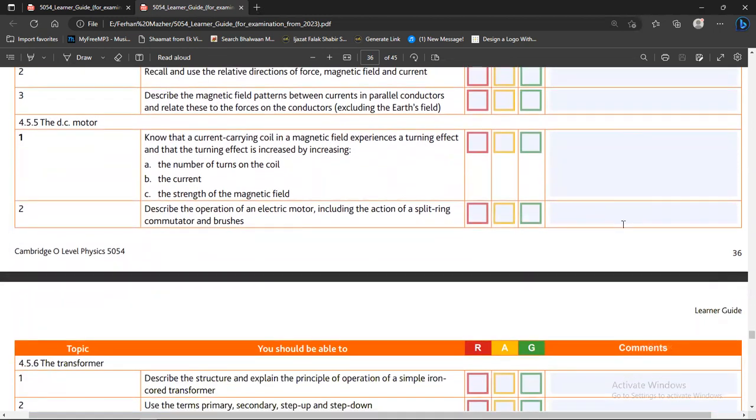Know that a current carrying coil in a magnetic field experiences a turning effect, and that the turning effect is increased by increasing the number of turns on the coil, the current, and the strength of the magnetic field. Describe the operation of an electric motor, including the action of a split ring commutator and brushes.